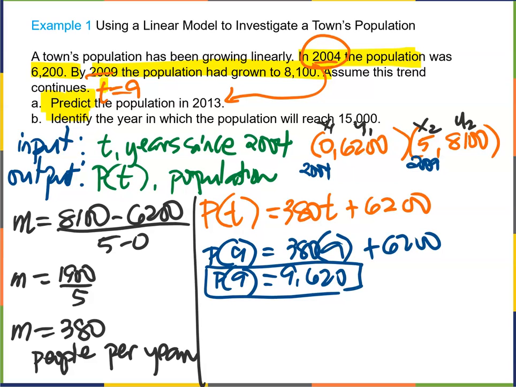The next, letter B, identify the year in which the population will reach 15,000. So you plug in 15,000 to your P of t, meaning P of t is equal to 15,000.